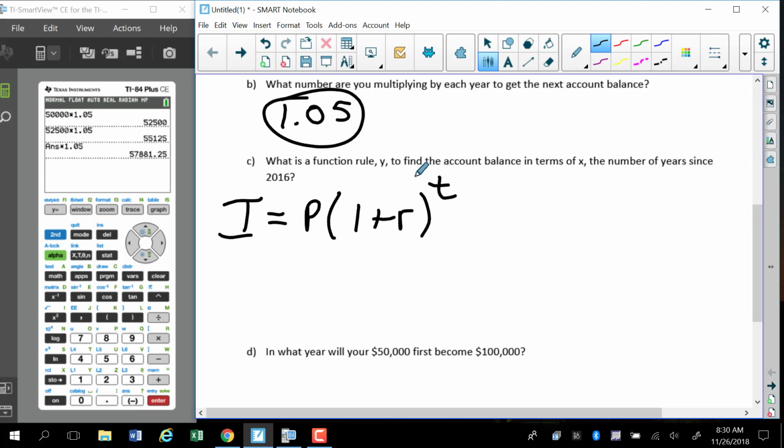So this is how it works: this is your interest rate, this is how long you want to do this for, this is your principal that you started with, and this is your total that you finish with. You can use an I or a T. Just to change this up again, we'll use a letter T. So the total amount is the P times 1 plus R to the T.